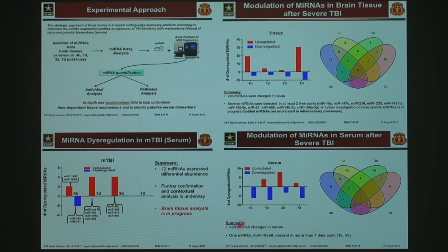So then I'm only showing the blood for the mild TBI model, but we also did the brain as well. And there were far less microRNAs changed as we expected, but we do see changes up to 3 days. Most of the changes were an increase in microRNAs.